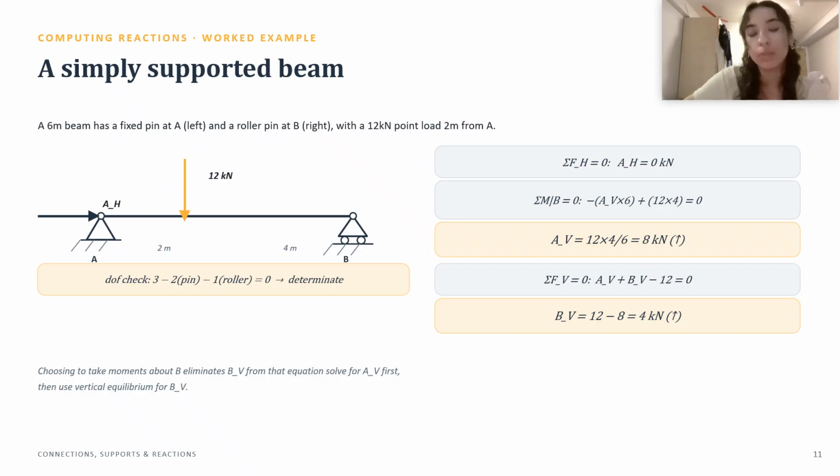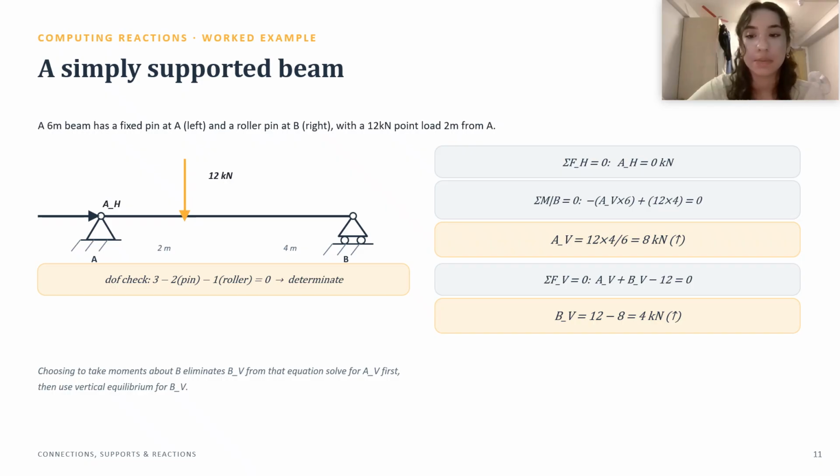Now let's take moments about B. Right, if we are going to take moments about B, which must be 0 in the end, let's take anti-clockwise or counterclockwise as positive. So if we have AV, okay, I'm sorry I didn't draw AV there as an arrow, but we want to assume it to be clockwise.